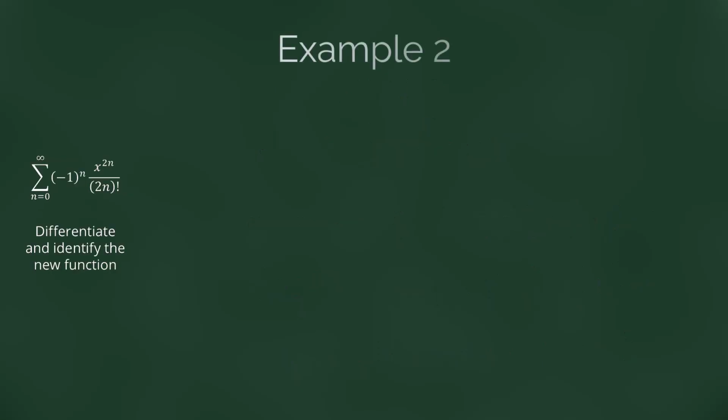All right, let's take a look at this series we've got here. We've got the sum from n equals 0 to infinity of negative 1 to the n, x to the 2n over 2n factorial. And maybe you realize by now that this is the series for the function cosine of x.